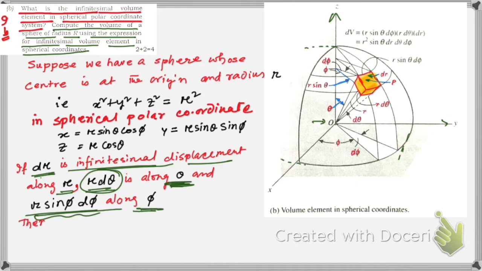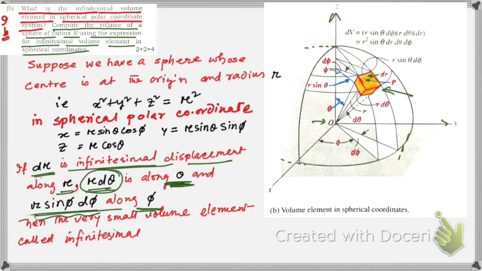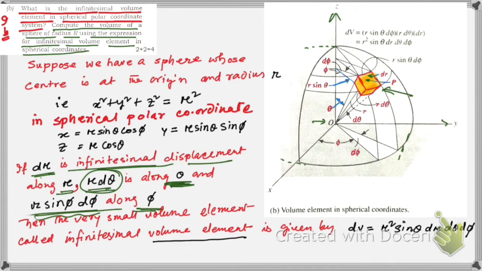Then the very small volume element, you can see here, this volume element is very small, right? This very small volume element is called the infinitesimal volume element dv, given by r square sine theta dr d theta d phi.